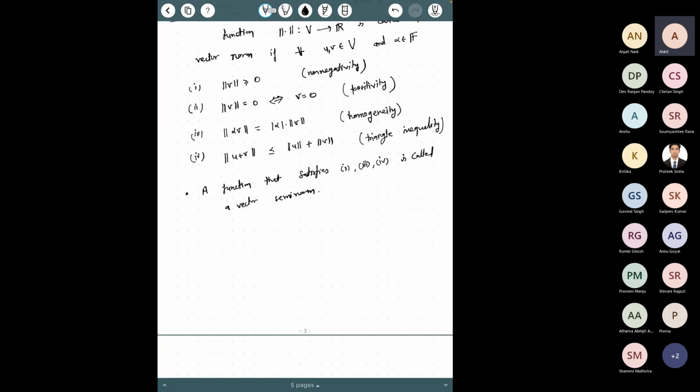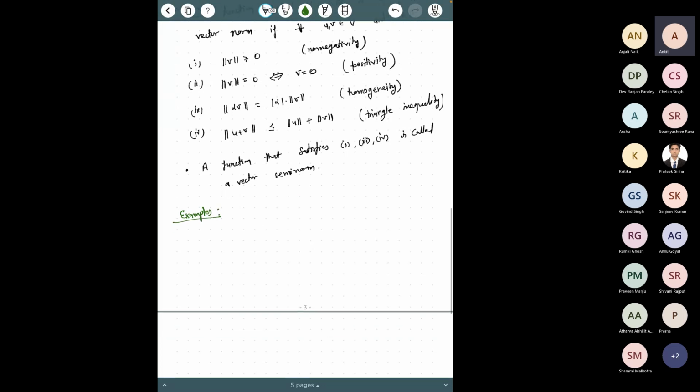Now let us look at some examples. So if I take, let's say, the vector space F^n, I know the standard norms, the LP norms. I can define the LP norm, where p is greater than or equal to 1 and less than infinity.